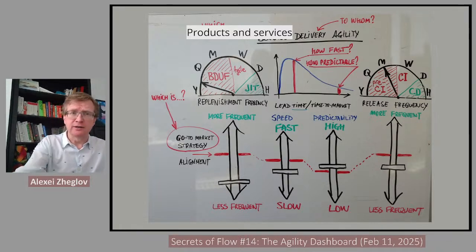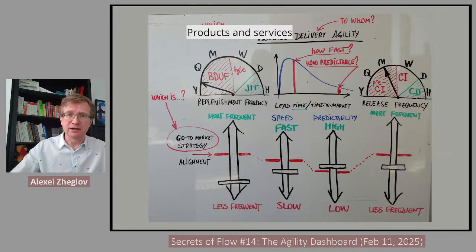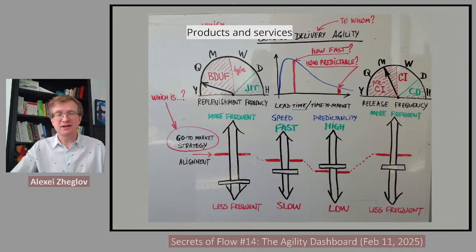And the red lines on this diagram going across these four sliders represent a somewhat idealized situation that exists in software, information technology, and some other technology markets, where we already got our release frequency to where it needs to be.